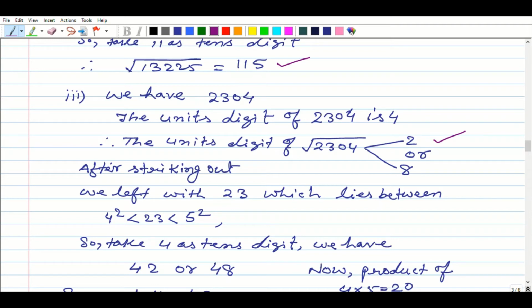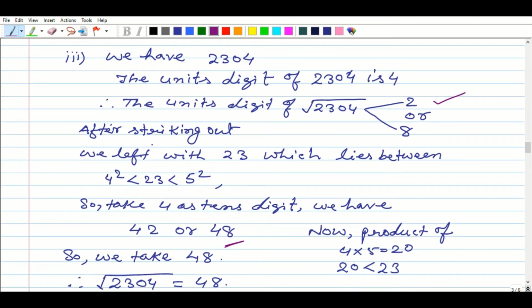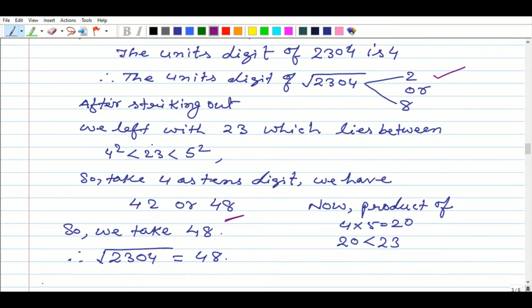So we will take the greater value, that is 48, right? So our square root of 2304 equals 48.